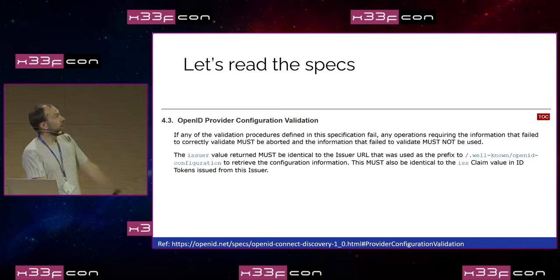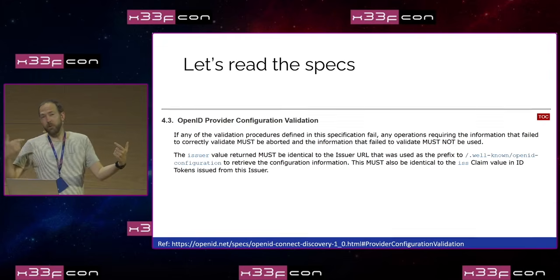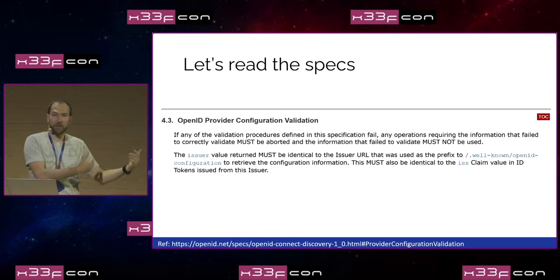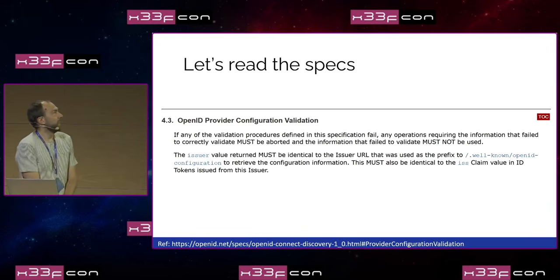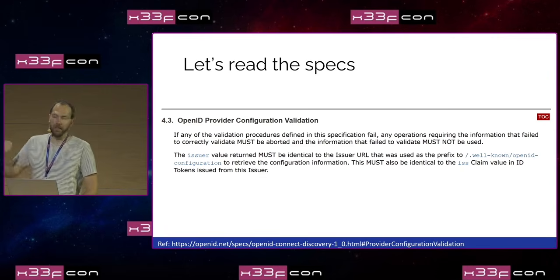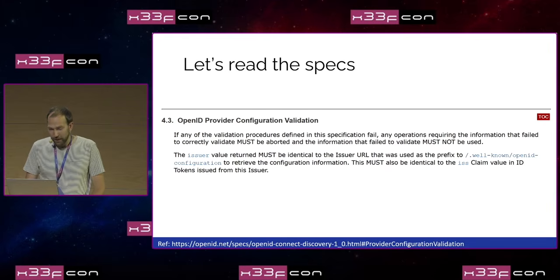As it says here, you must check this one single thing, and that is that the issuer URL actually matches the domain of the discovery endpoint. And if it doesn't match, you should absolutely not continue, and you should not accept this. Yeah, so that's what Microsoft just doesn't do. They're like, well, let's just ignore that. We're not going to do that, because why would we actually keep the OAuth implementation as the spec says?